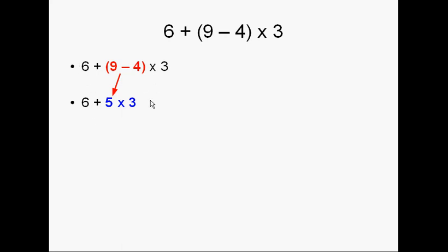Bring the 6 down, the plus down, the times 3. So now I've got 6 plus 5 times 3. No exponents. Multiplication and division. Well, there is multiplication. So we're going to do that multiplication next. 5 times 3 gives me 15. 6 plus 15 is 21.